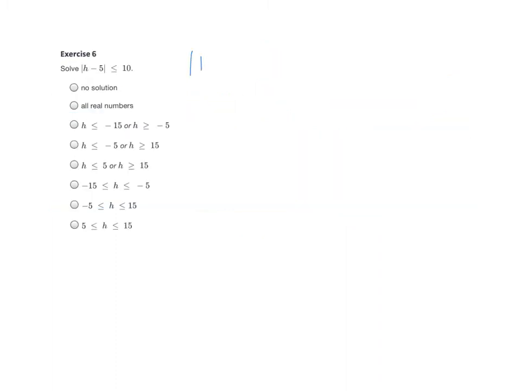We've got absolute value of h minus 5 less than or equal to 10. So we know that this is going to be a positive. Can a positive be less than or equal to 10? Sure it can. So now we're going to split it. We're going to have h minus 5 less than or equal to 10. H minus 5 greater than or equal to negative 10. Add 5 to both sides.